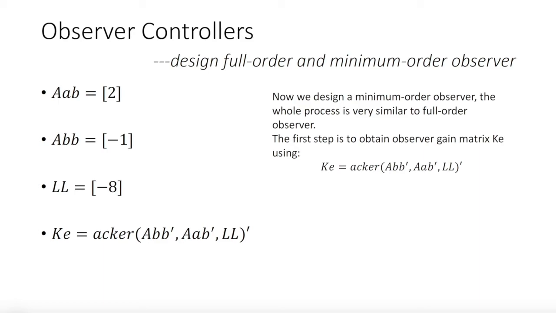Using subsystem for the minimum order observer, AAV will be 2, ABB minus 1, and LL is minus 8.